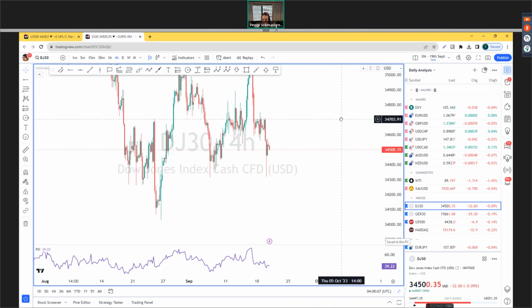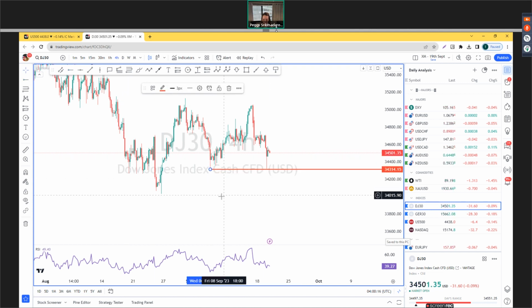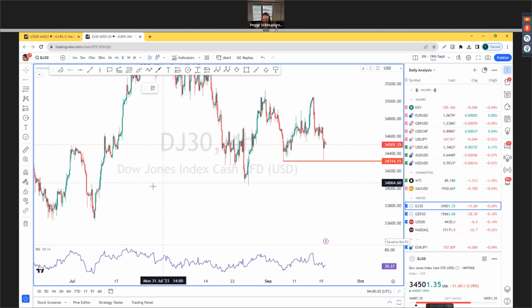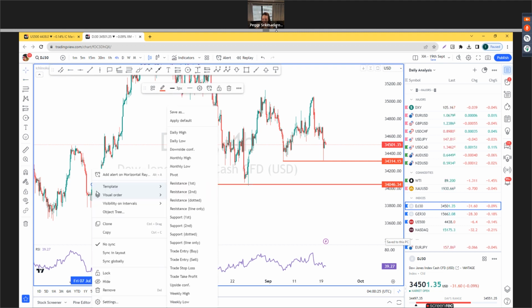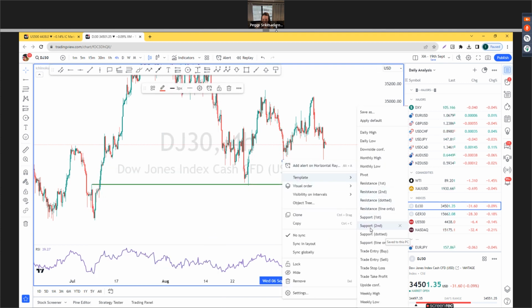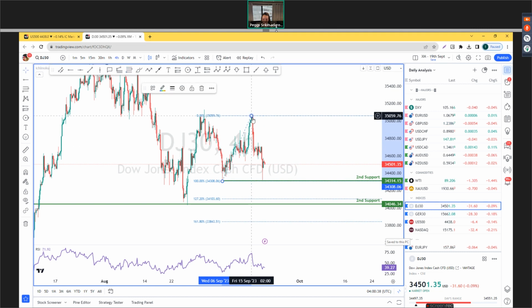Okay, for H4, where is our support? This touched the wick, and then it reversed. Just give me a while. Okay, in this case, I will use Fibonacci extension.